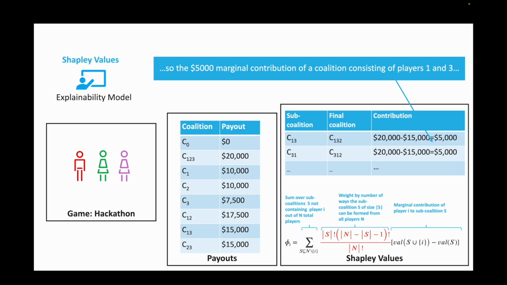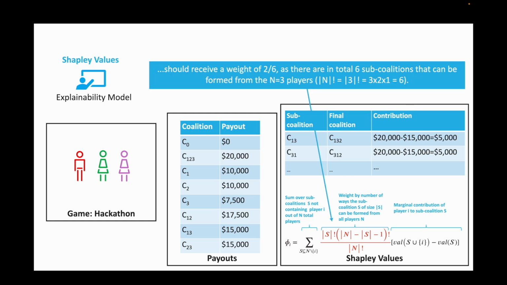So the $5,000 marginal contribution of a coalition consisting of players 1 and 3 should receive a weight of 2 divided by 6, as there are in total 6 subcoalitions that can be formed from the n equals 3 players.